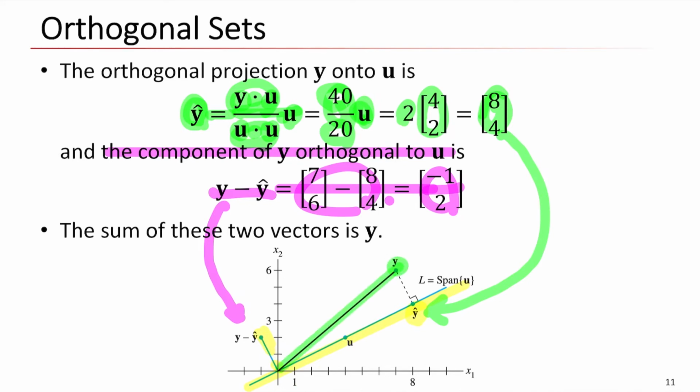So in other words, we can project this vector Y onto the line with the vector U to here, right? Then this vector and this other vector can make Y again. In other words, Y is the projection vector on the line of the span of U from here.